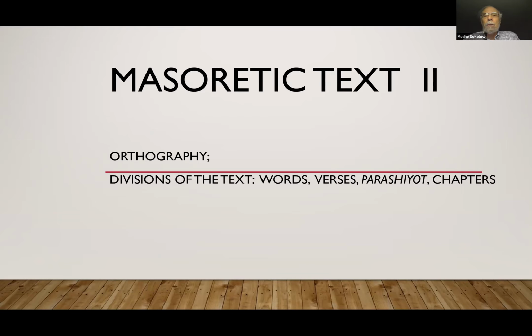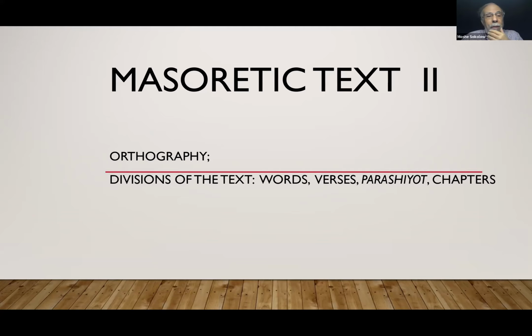Last week, we started the subject of the Masoretic text, and we looked at the physical side of the text. We looked at the different materials on which people wrote in the biblical period, and we ended up looking at the ancient Hebrew alphabet.